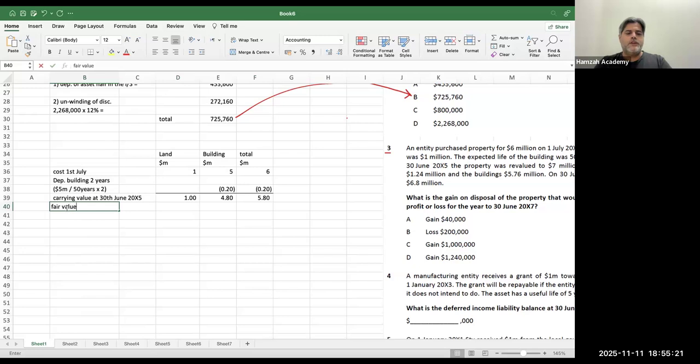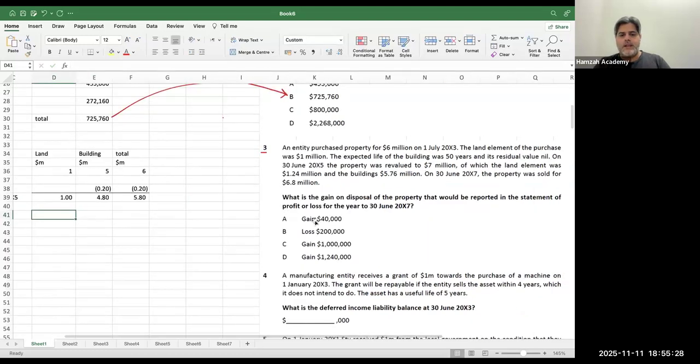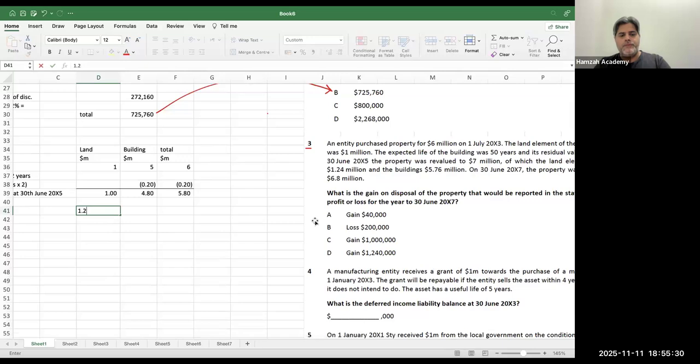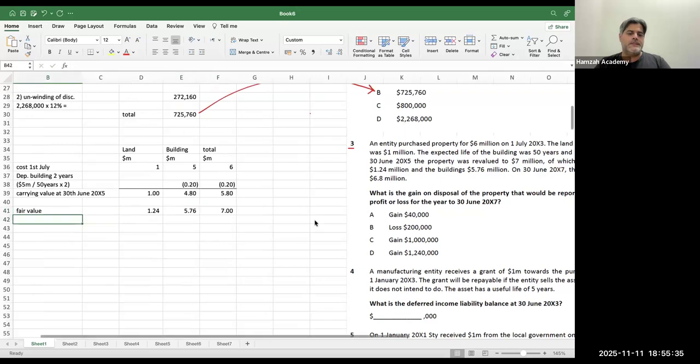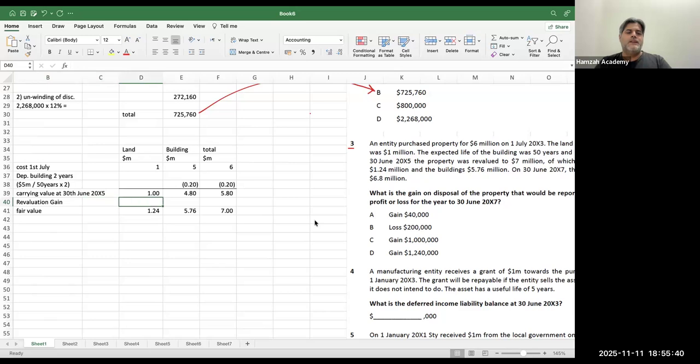Now, the fair values are given to us. And the fair values are 7 million, land element is 1.24, and the building element is 5.76. So the total is 7. So we have revaluation gain over here, and that's going to be this minus this, and this minus this, right?